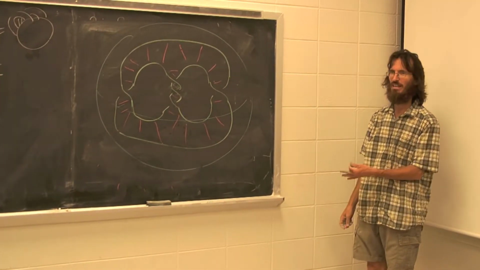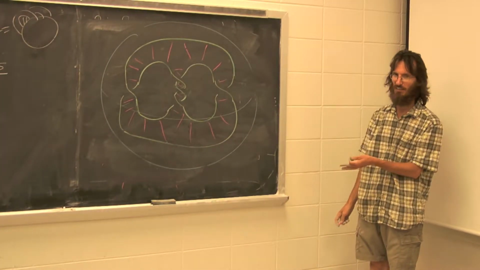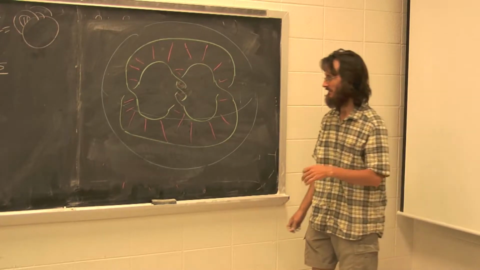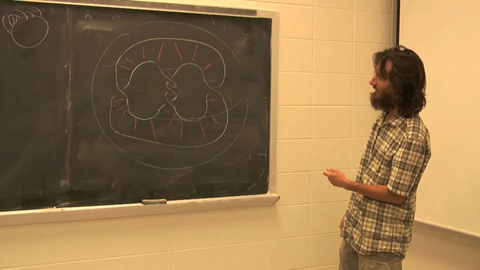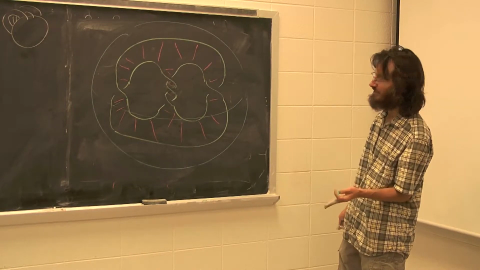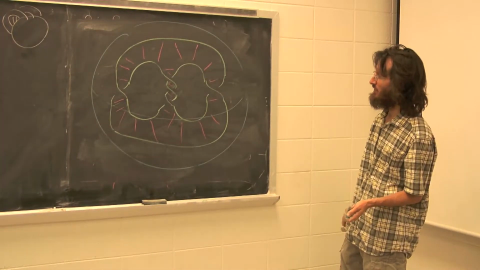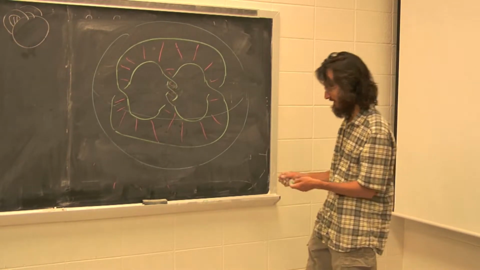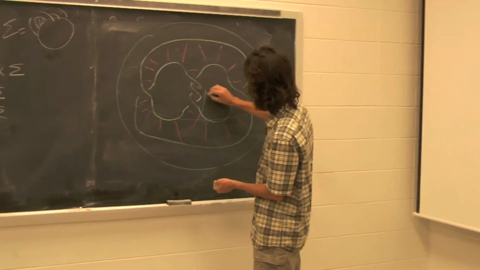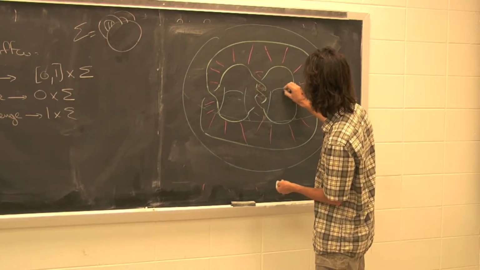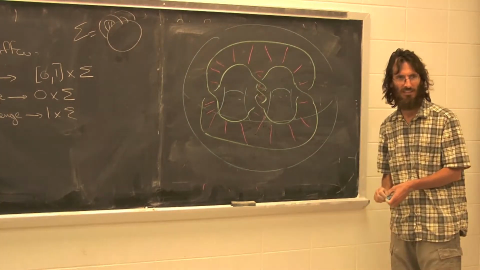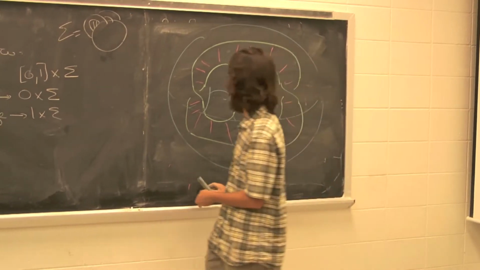So now there's my red Seifert surface for this green knot. Maybe I should make it not green, not red. But anyway, now I want to try to transfer that knot onto the boundary of this blue handle body.